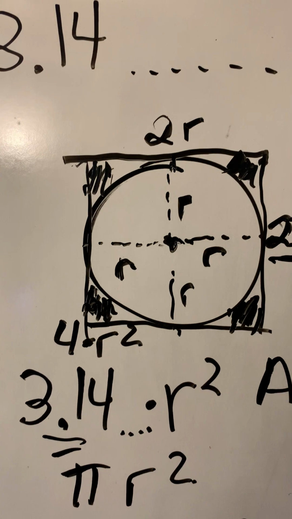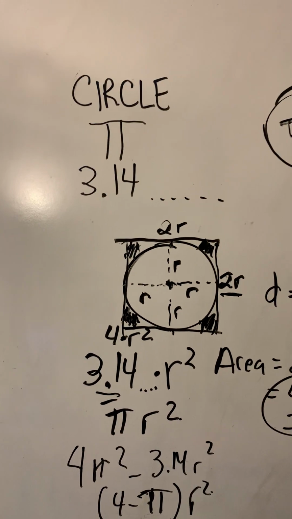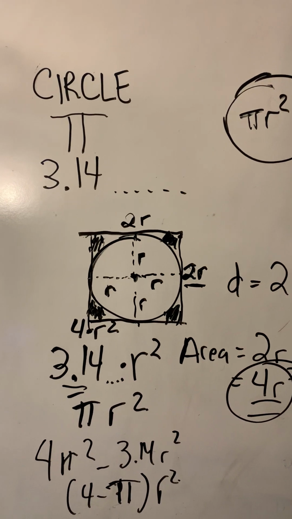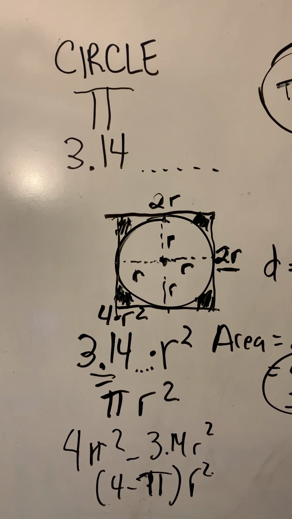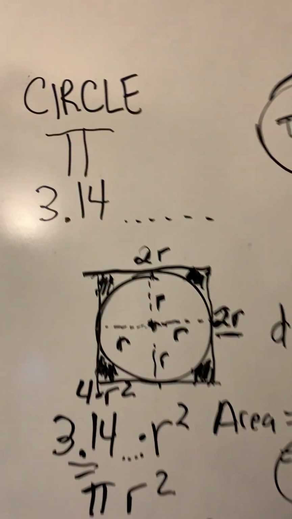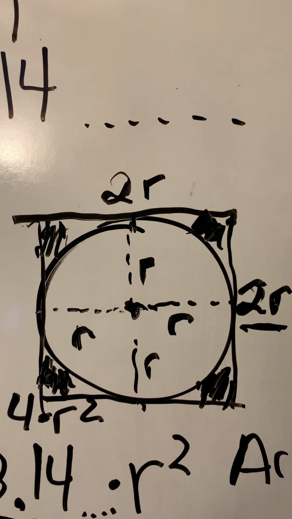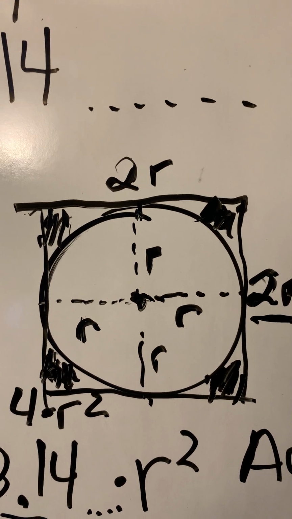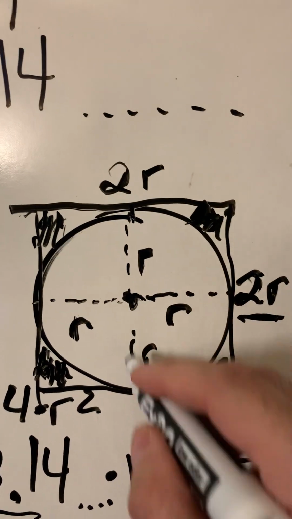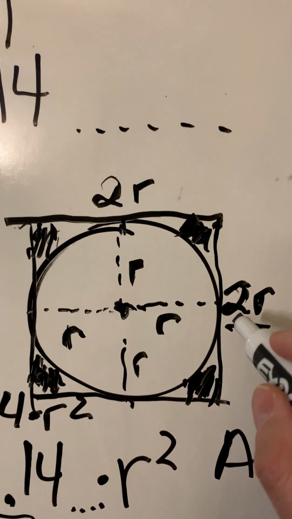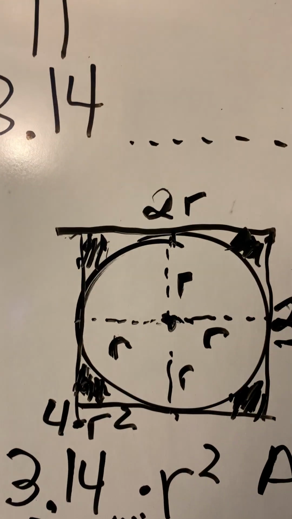So that's one way to think about how do I remember the area of a circle? The circle is within the square. The sides of the square are equal to the diameter of the circle it contains, or 2r. So that means the area of the square is 4r squared.